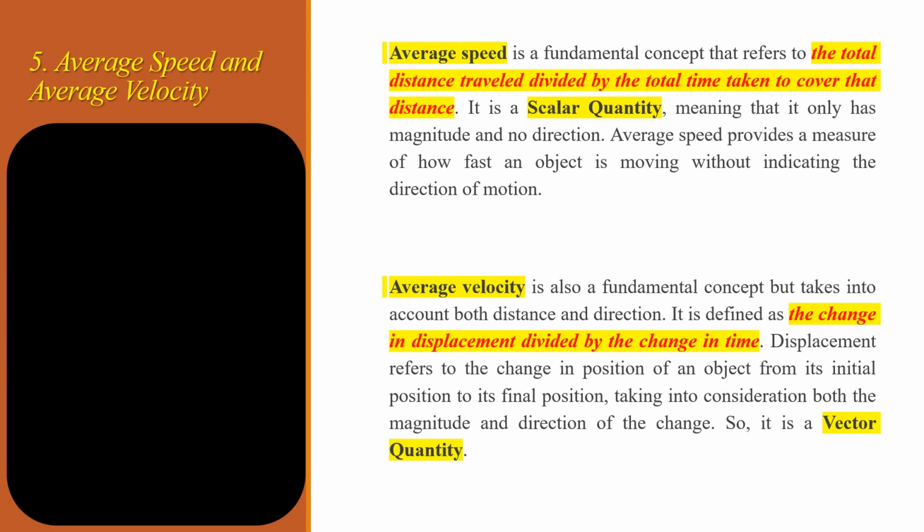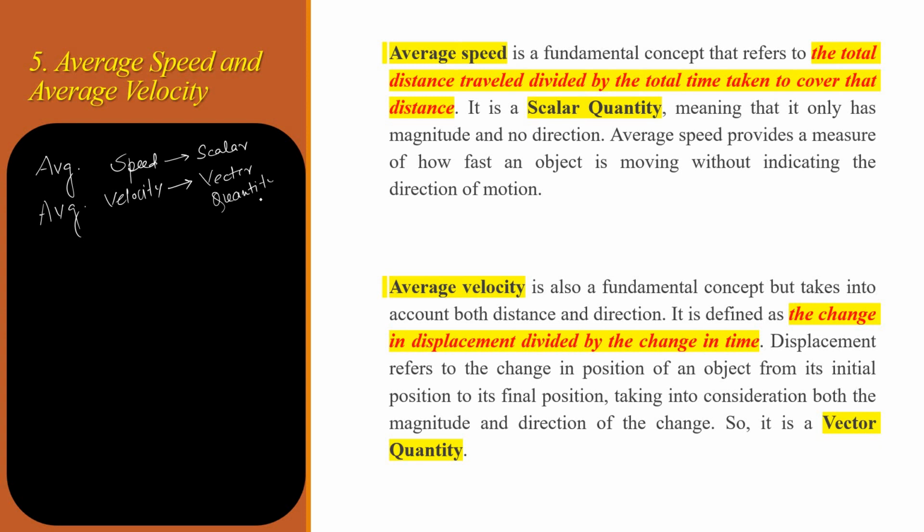So first of all, we can say there is a difference between average speed and average velocity. Speed is a scalar quantity, whereas average velocity is a vector quantity.